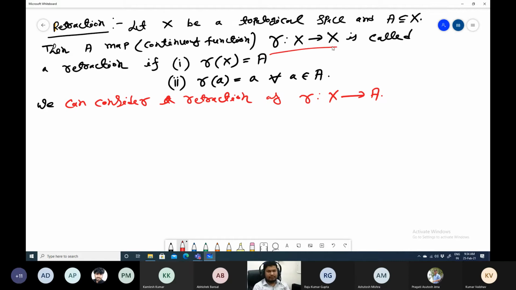So both are fine. If they satisfy these two conditions, then we will say that R is a retraction.